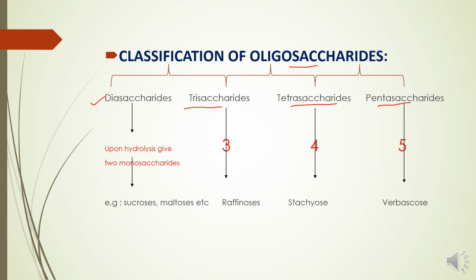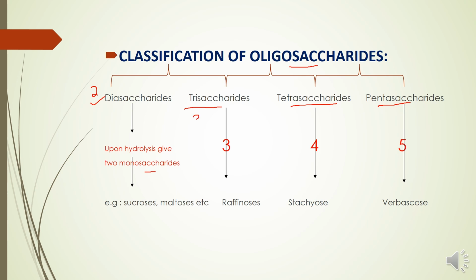Disaccharides upon hydrolysis give two monosaccharides. Di means two, while trisaccharides upon hydrolysis give three monosaccharides. We saw before that tri means three.